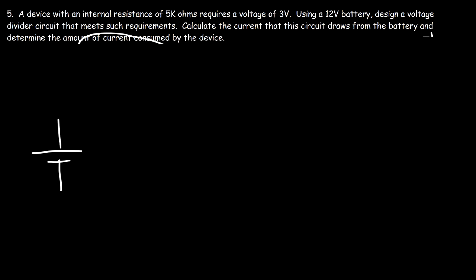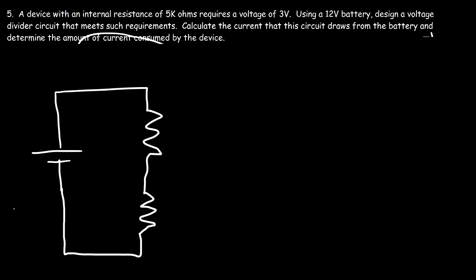We're still going to have a voltage divider circuit. However, the device is going to be placed here. We're going to replace R2 with the device. Now the calculations will be a lot simpler in this example.